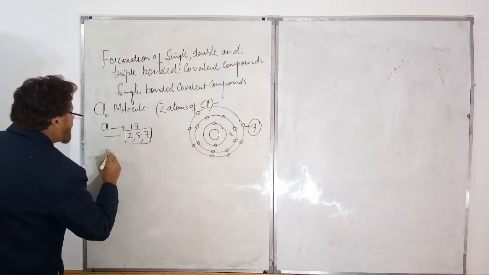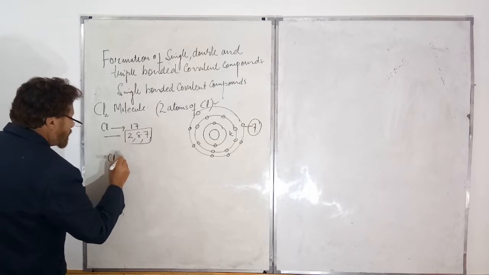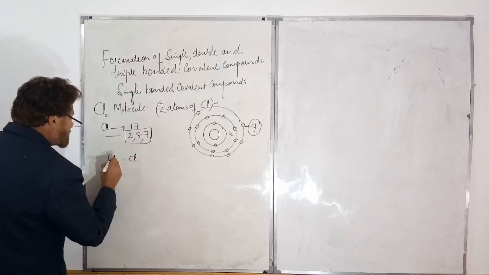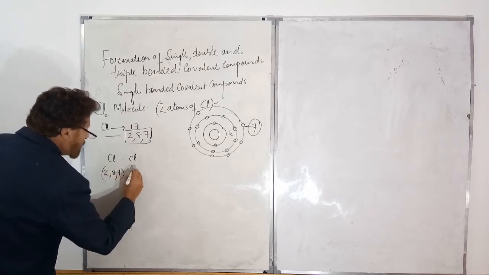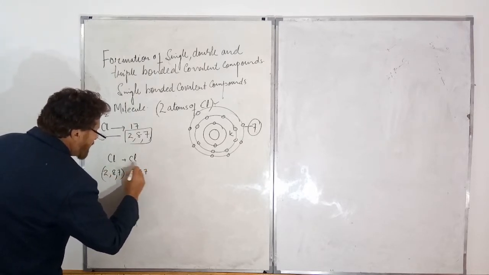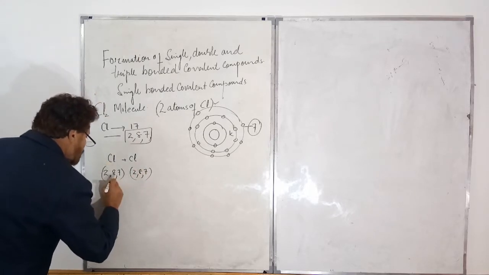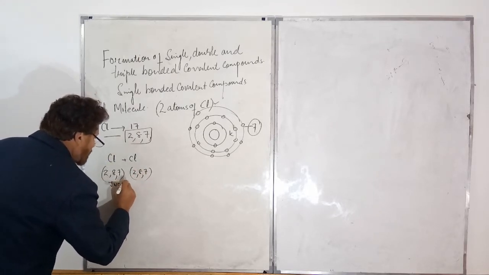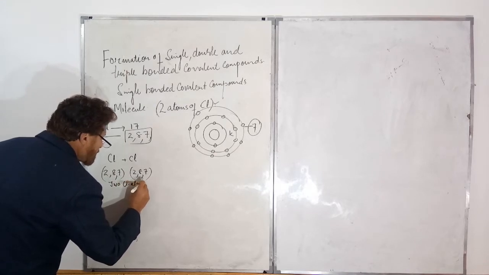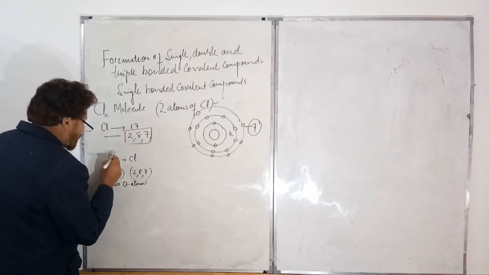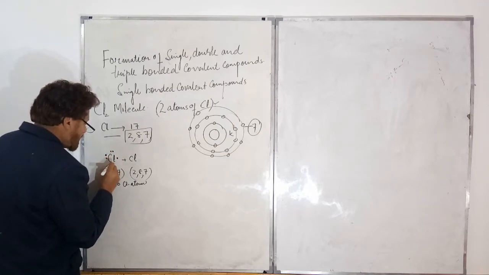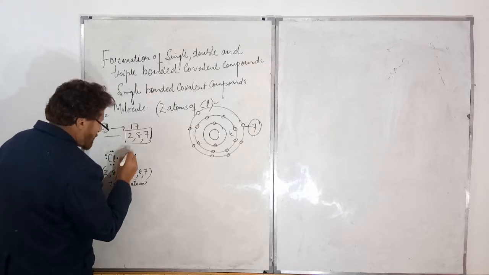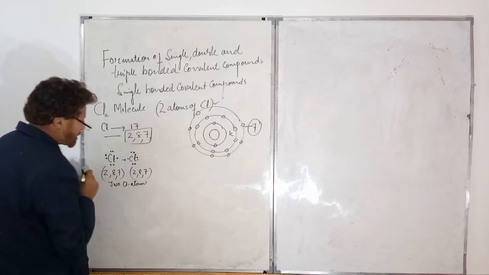Here we can say it is Cl plus Cl, each with 2, 8, 7 electronic configuration. These are two chlorine atoms, each with 7 outer electrons.